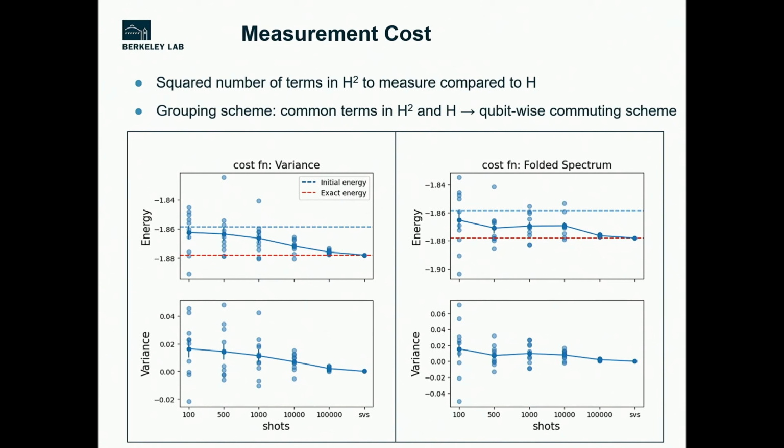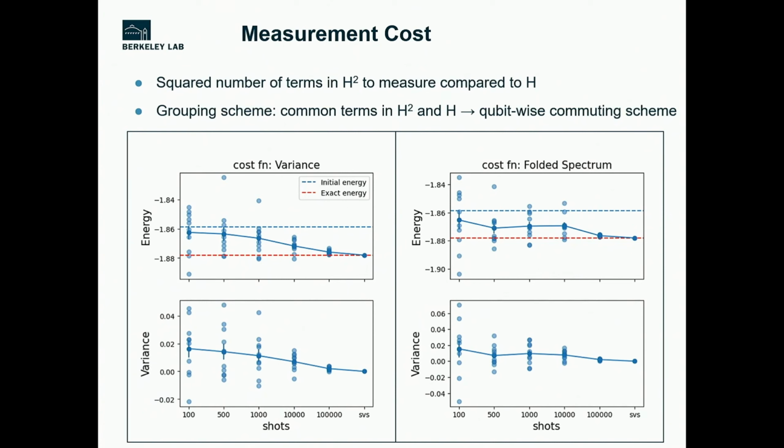And what's the final energy corresponding to? That's one blue dot, and I can repeat this, let's say 10 times, to collect some statistics, as you can see vertically here. The blue dotted line represents the initial energy, and the red dotted line represents the exact energy that we are interested in.